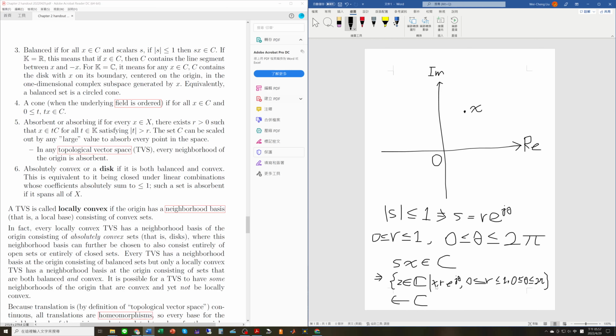First we consider r x, where r is greater than or equal to 0 and r is smaller than or equal to 1.